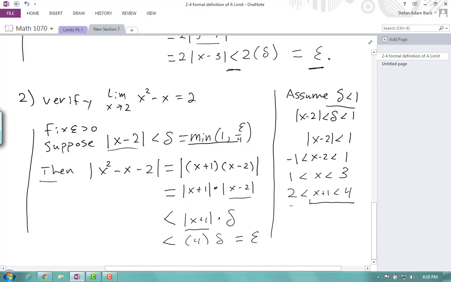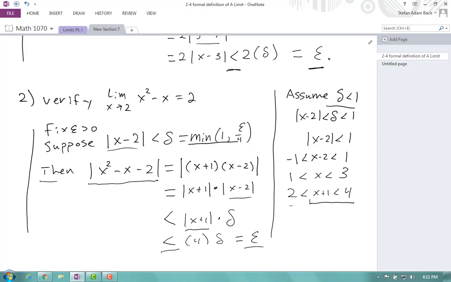Then my absolute value of f of x minus L, which is x squared minus x minus 2, is equal to the absolute value of the factor version, x plus 1 times x minus 2. I can replace the x minus 2 with the delta, and I found that I could replace the x plus 1 with something no bigger than 4. So I have my absolute value of f of x minus L is less than epsilon, as desired.